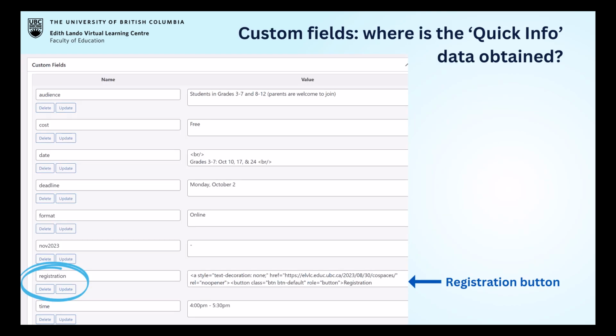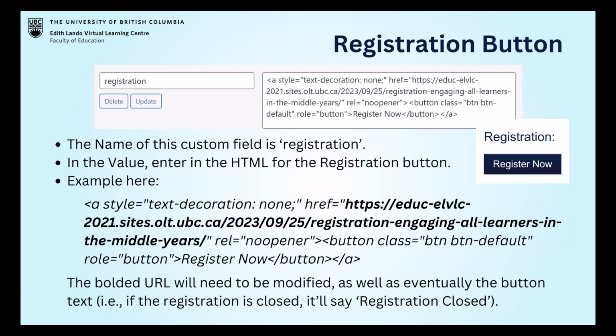Let's revisit the entry where it says NOV 2023 later. We are at registration. The HTML here creates a registration button, and the bolded link would need to be changed for different workshop posts, as the link refers to either the registration form or the URL of the post itself if the post contains multiple registration forms.